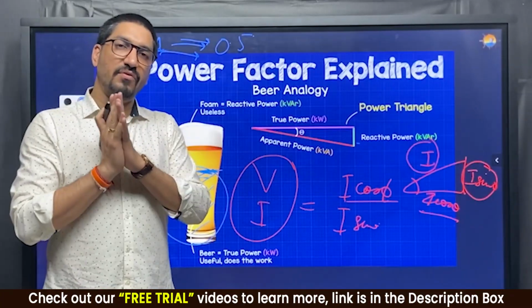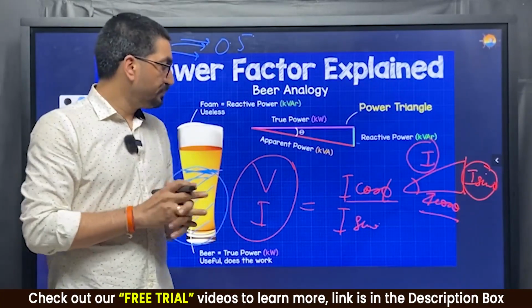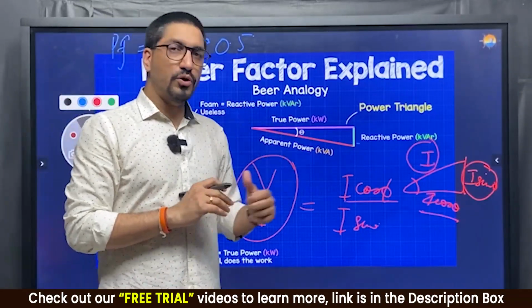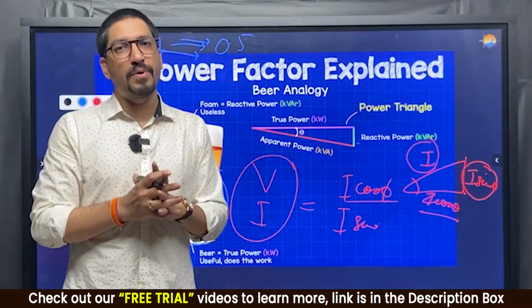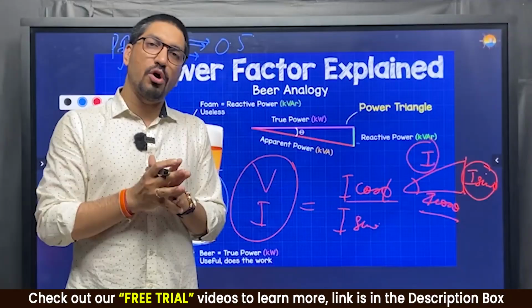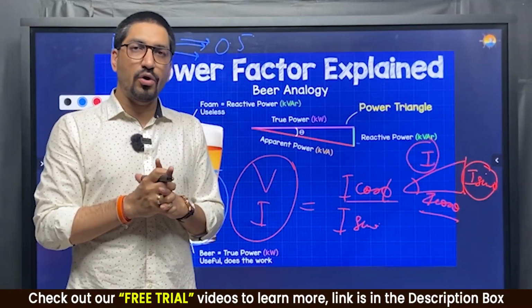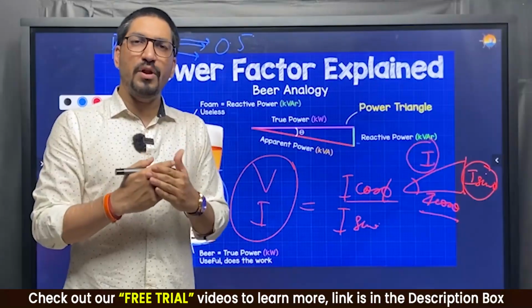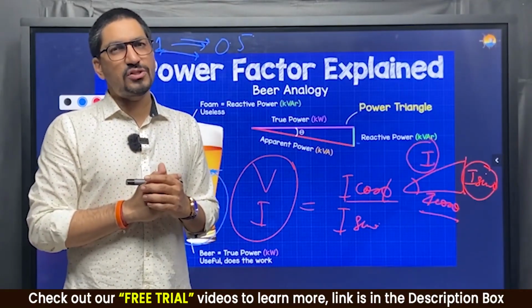So ideal value of power factor would be 1, which is not possible on ships. So you have to make sure that somehow you need to control the power factor and not let it go below 0.8. 0.8 is normally the agreed load power factor on the ships. So if you go below 0.8, then it's not so good.